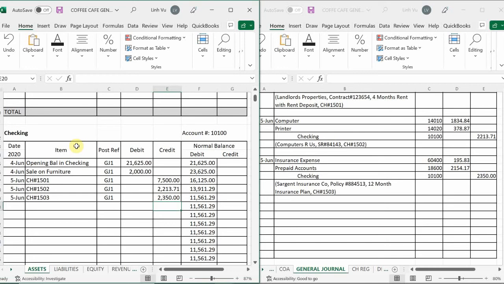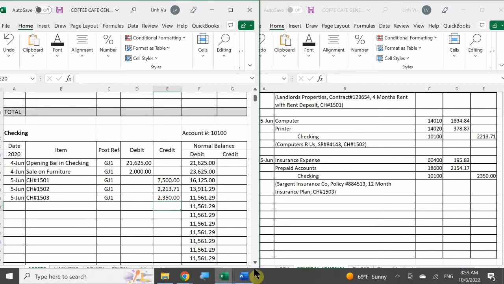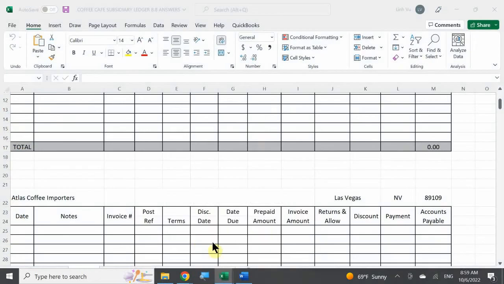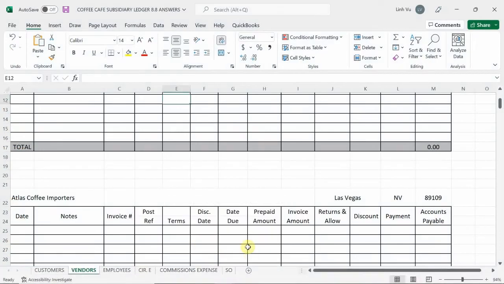So we finished the journal, we finished the ledger. So I need to go to the subsidiary ledger because I just got some insurance. I need to make sure I record that this insurance policy is there in case something happens with the insurance company, right?